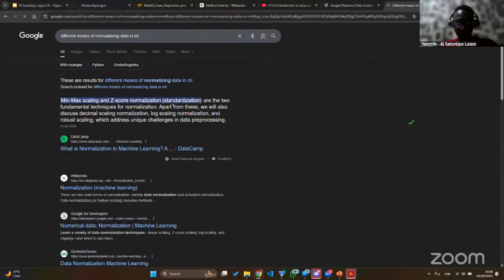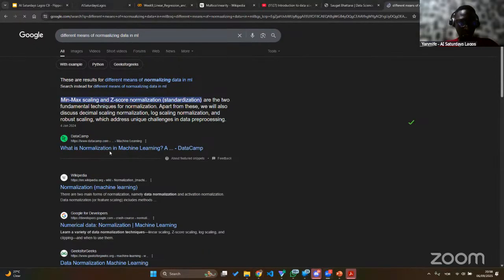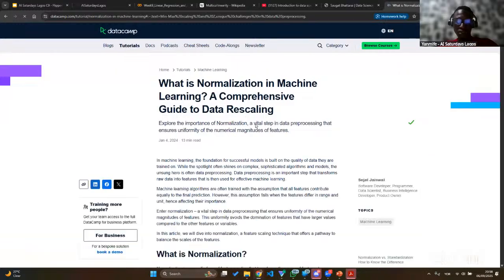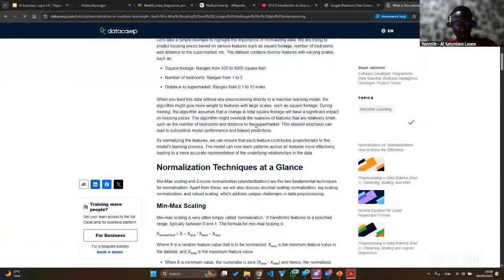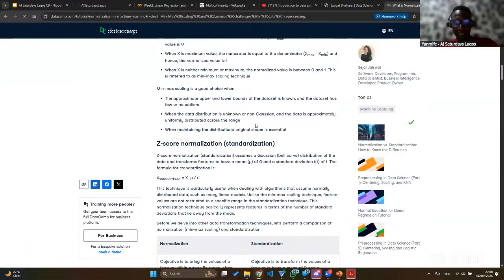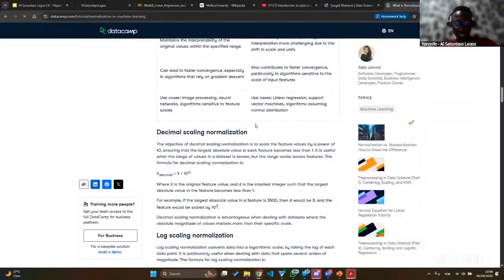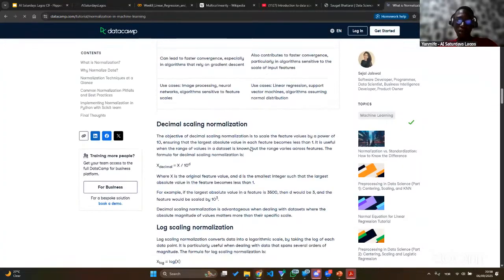Okay, so there is min, max. There is the z score, so there is standardization. Z score standardization. So there are a lot of them, and you need to understand when to use them.